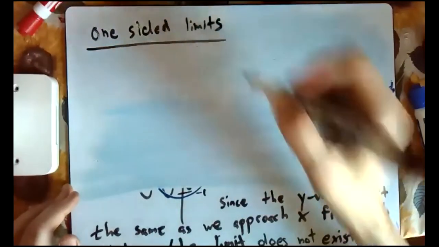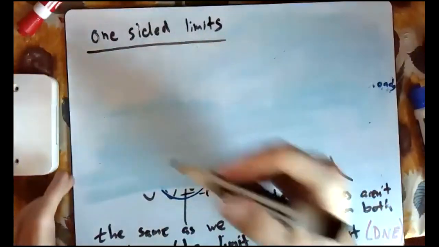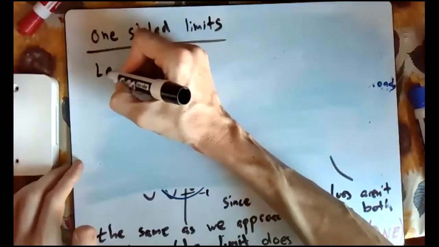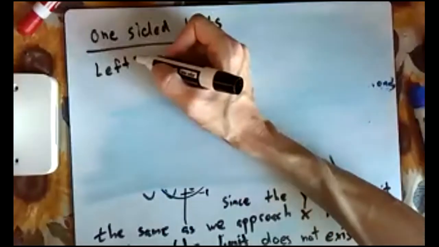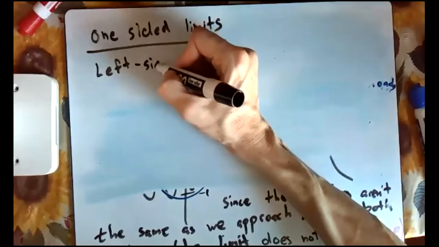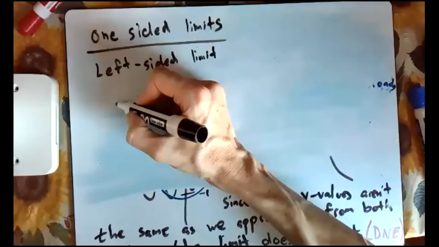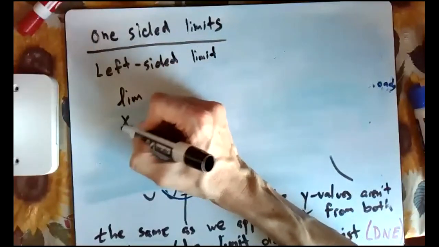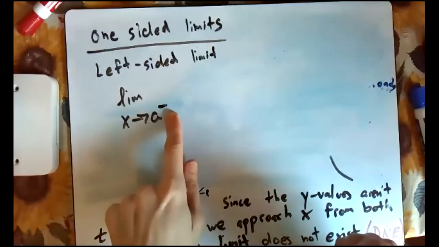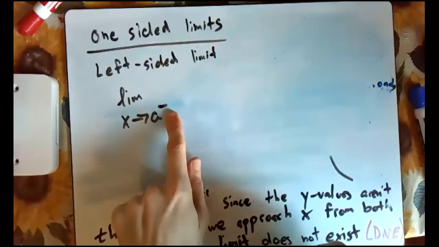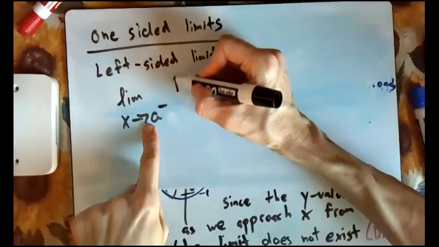So basically what that means is you're approaching your a either from the left side or the right side. If you took Math 130, you'll probably see that this is kind of familiar. We have a left-sided limit. It would look like this: the limit as x approaches a from the left. Y'all remember that little negative sign? That means from the left. That doesn't mean negative a. If it was negative a, the negative would appear right here.